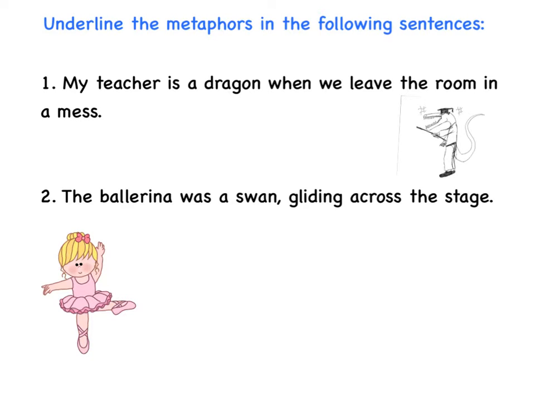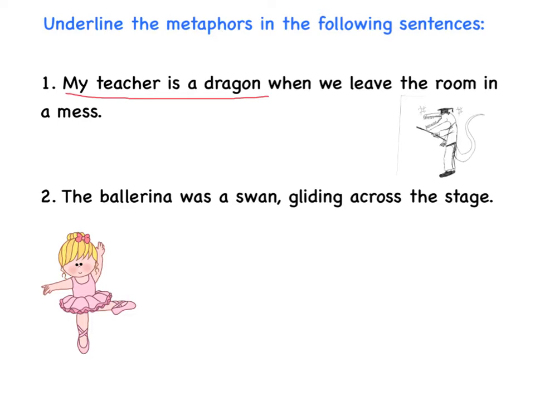So the metaphor, or the two things being compared, is my teacher and a dragon. So the correct answer is my teacher is a dragon. And that figurative language is there to explain that their teacher is as ferocious as a dragon when the class leaves the room in a mess.